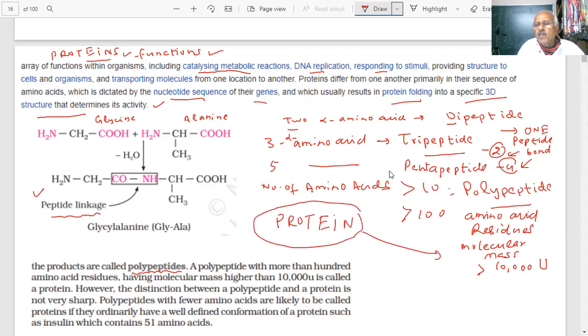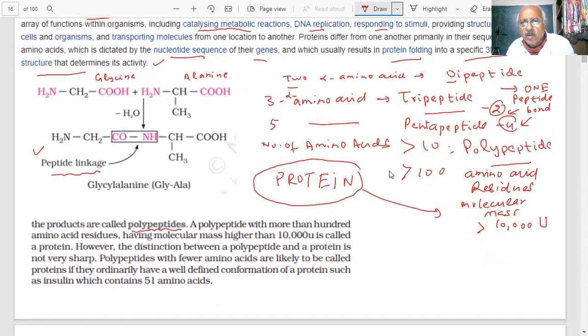So a protein will be formed when there are more than 100 amino acid residues together. Protein is a polymer, a polypeptide in which there are more than 100 amino acid units. But there can be different amino acid units, yes or no? Therefore, there will be different types of proteins.